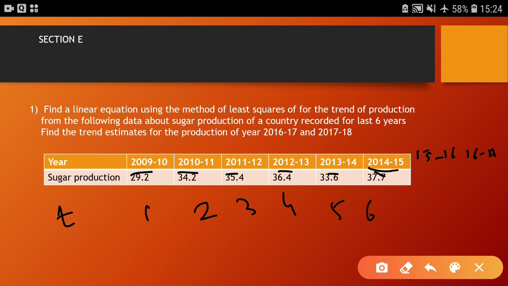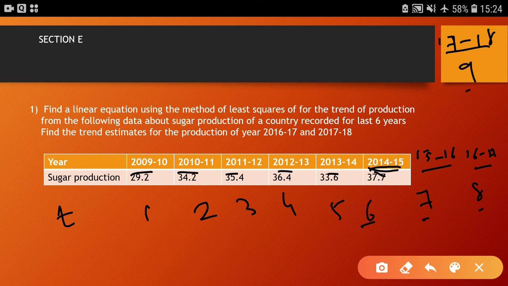And after that, there will be a year called 17-18. Now, if T is 6 here, T will be 7 here, 8 here and 9 here. We are going in the sequence. If 14-15 is 6, then 15-16 is 7, 16-17 is 8 and 17-18 is 9.